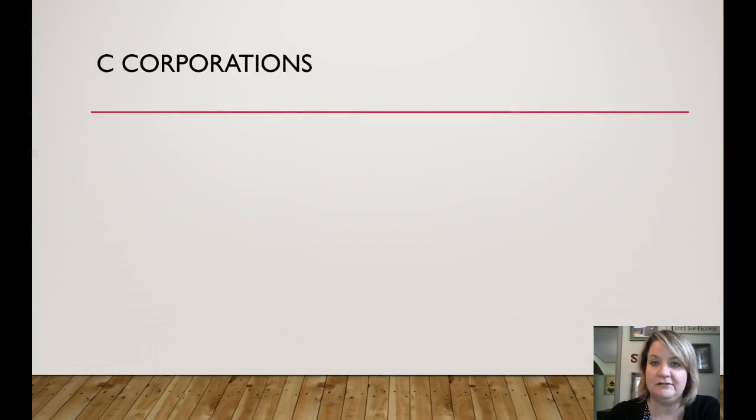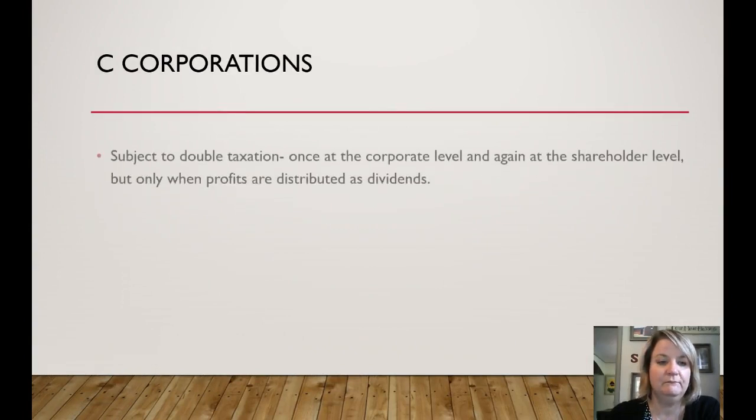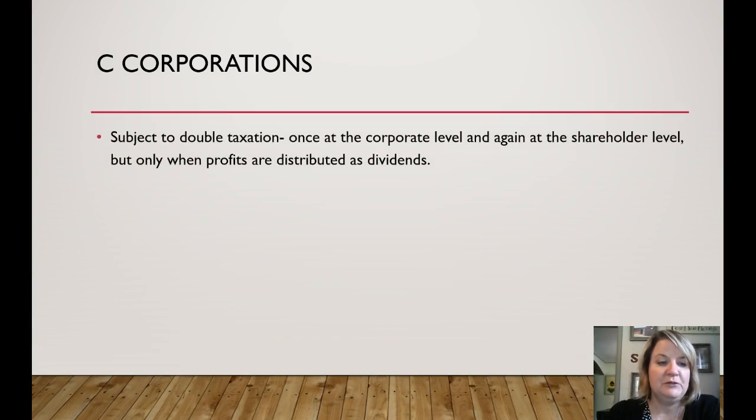And C corporations. What are C corporations? C corporations are subject to double taxation, once at the corporate level and again at the shareholder level, but only when profits are distributed as dividends or when the company is liquidated and shareholders receive portions of the liquidation.